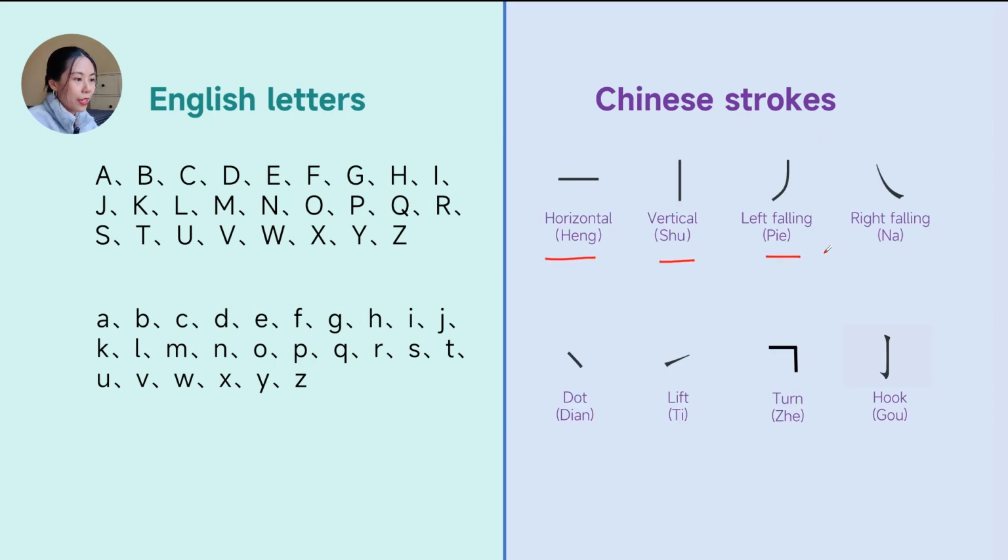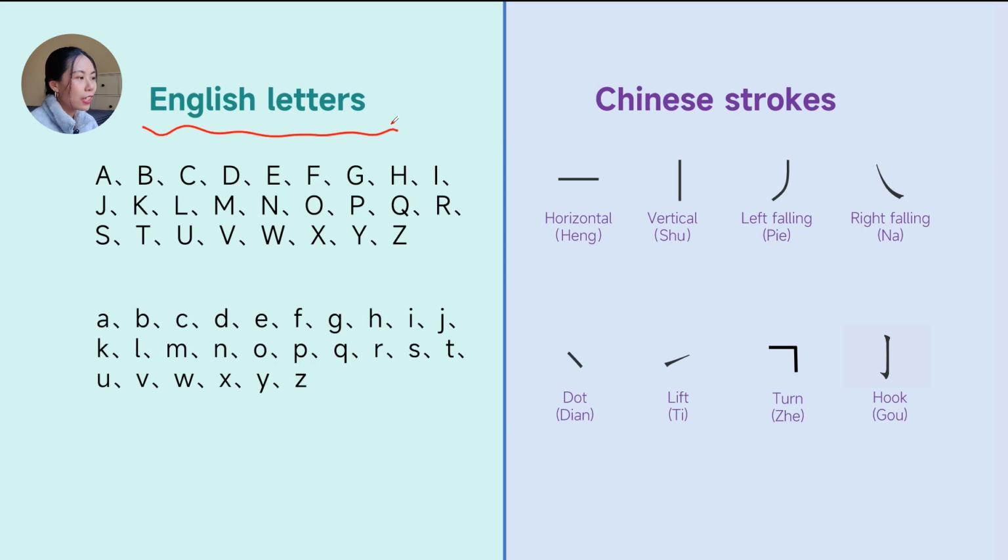横竖撇捺点提折勾. Yeah, you might see Chinese characters that look so complicated. But believe it or not, all the Chinese characters are made of strokes like this. It just has different combinations, like thousands of different combinations, to make the Chinese characters.